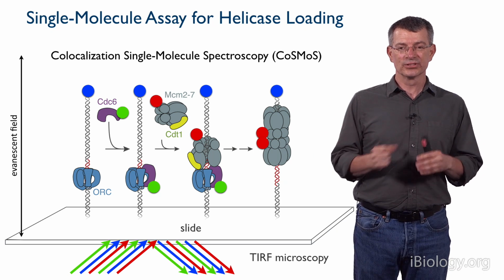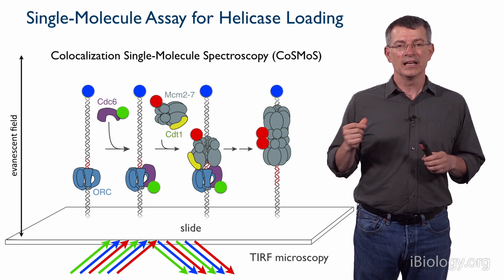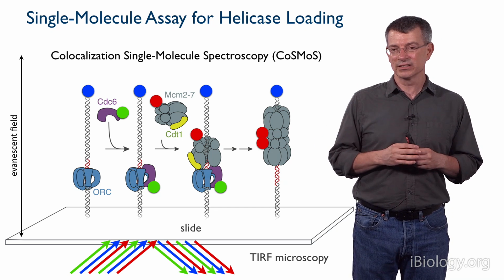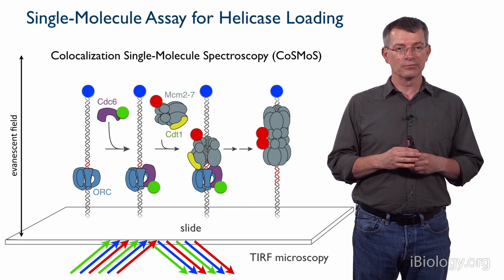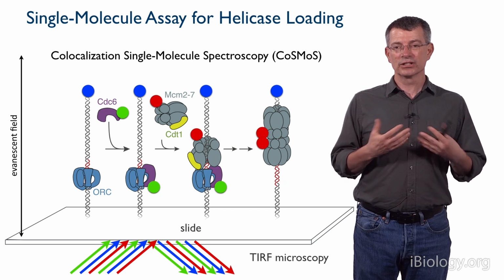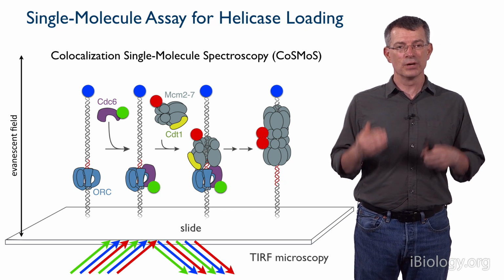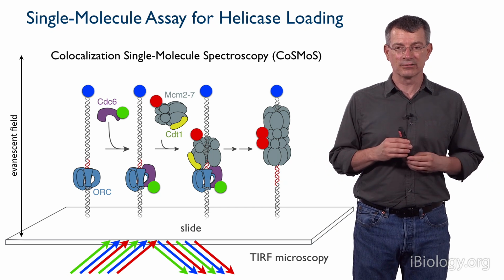So only molecules that are in the region that the DNA occupies can be monitored. Any molecule above the evanescent field will not be fluorescent, because the illumination will not reach that point. And this is very important because it allows the use of much higher concentrations of protein, because most of the proteins are not illuminated, and that gets rid of lots of background.